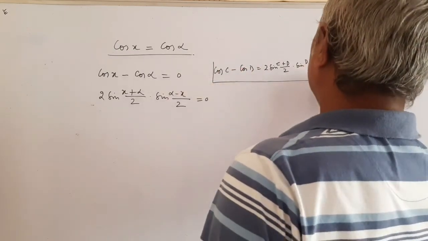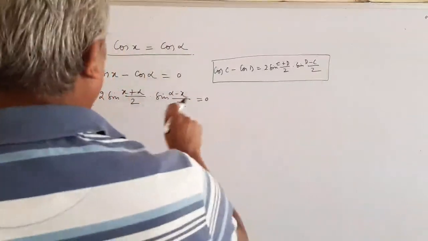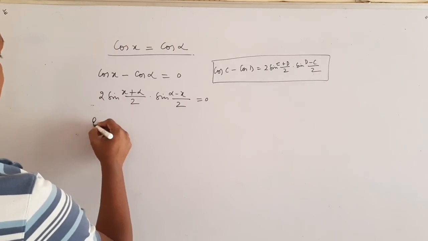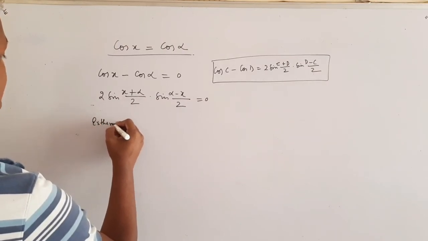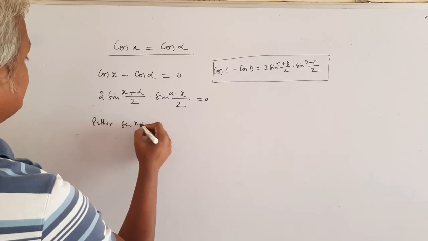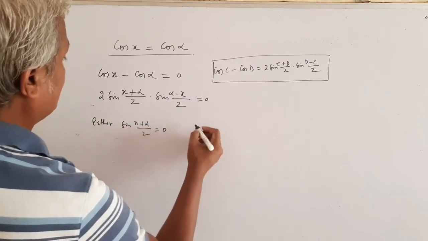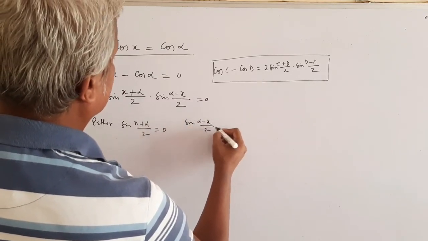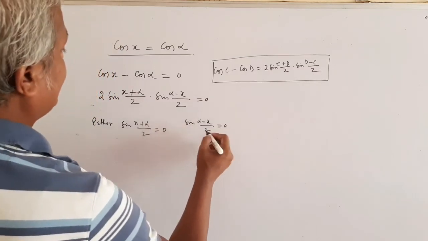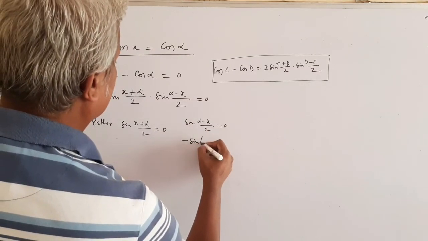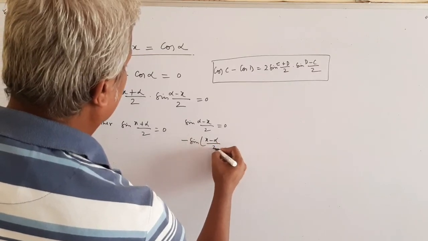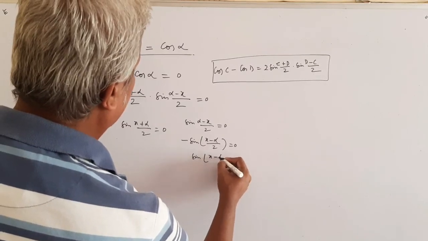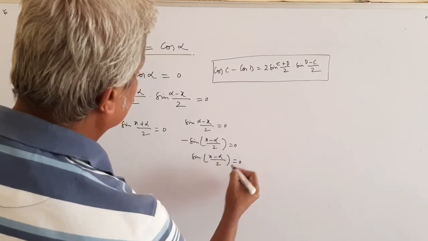This is the formula, and then using that I found 2 sine (x plus alpha by 2) and so on. So again it's a multiplication form: either sine (x plus alpha by 2) is 0 or sine (alpha minus x by 2) is 0. This one, if I take minus common, will become minus sine (x minus alpha by 2) is 0, or you can write sine (x minus alpha by 2) is 0.